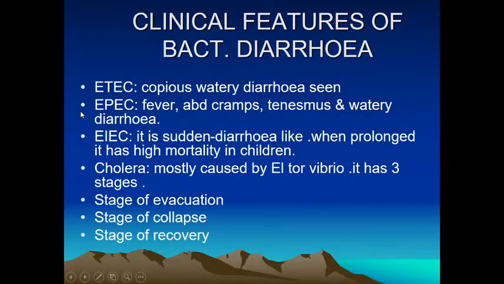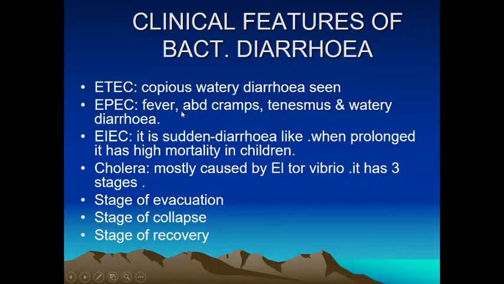Basically, we've already covered these. Let me just run through it because we've got shortage of time. ETEC, EPEC, and EIEC, you studied in detail when you were dealing with different varieties of E. coli. With ETEC, the toxigenic strain, you've got watery diarrhea.